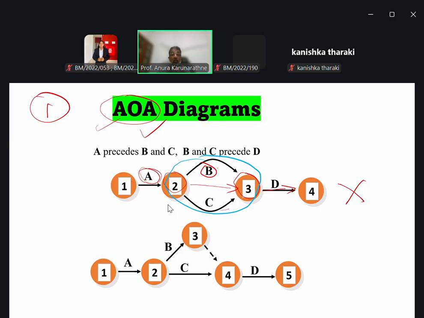This is called a dummy activity. If you use this dotted line, this is called a dummy activity.